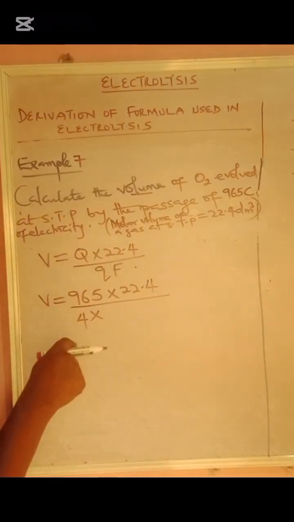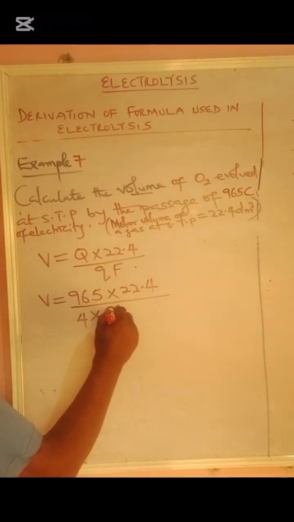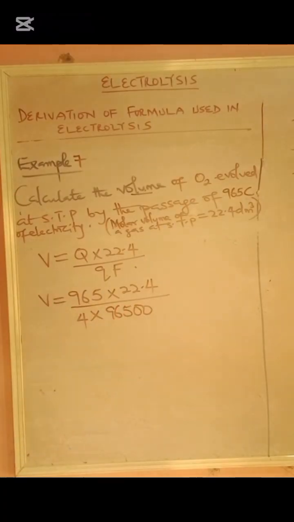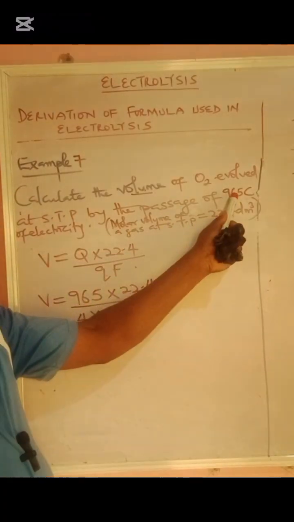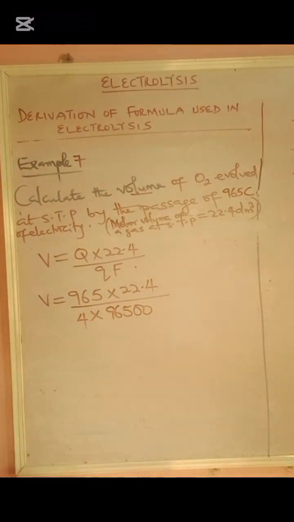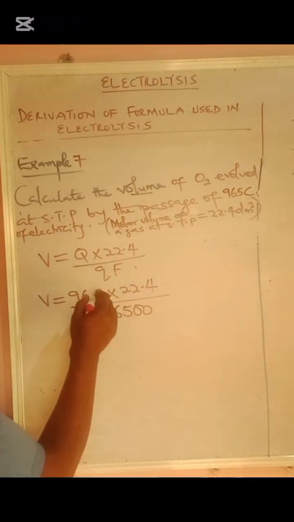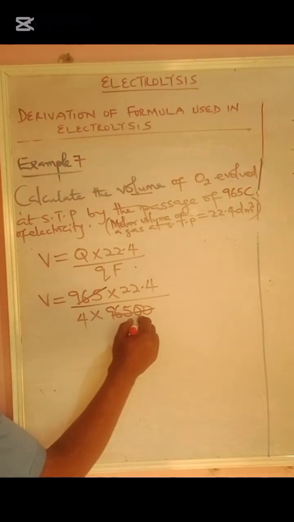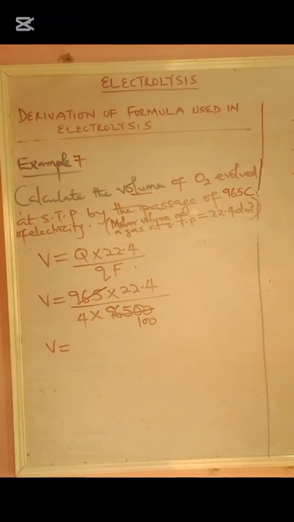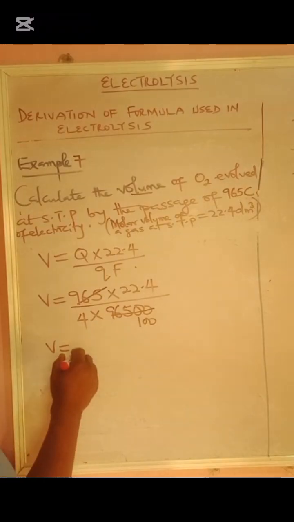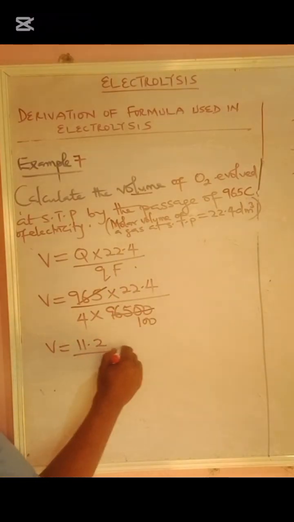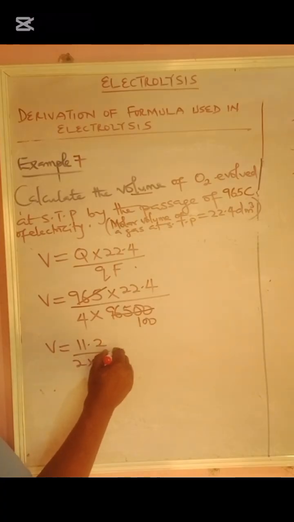You now convert it. 1 Faraday is 96500 coulomb. Why do I need to convert it? Unlike example 6, where it was given in Faraday, here it is in coulomb. So 1 Faraday is equal to 96,500 coulomb. So this cancels this, you have 100 here. So V is equal to, 2 here will give you 11.2 all over 4 times 100.